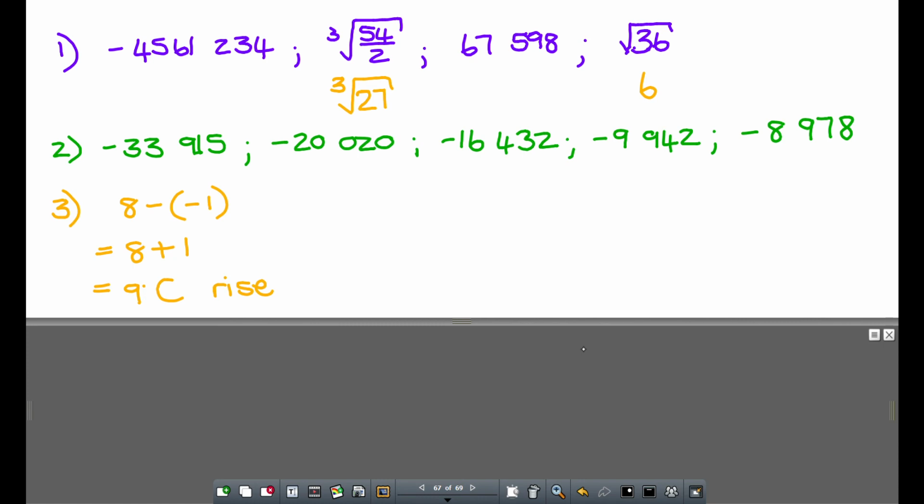You're doing the inverse. Because you saw that it was 9 degrees, you said start with the lowest one, add my increase, and then you end with the 8 degrees. Is that what you did? Basically, yeah. If you do that, it's fine. But then just at the end, maybe say 9 degrees rise.